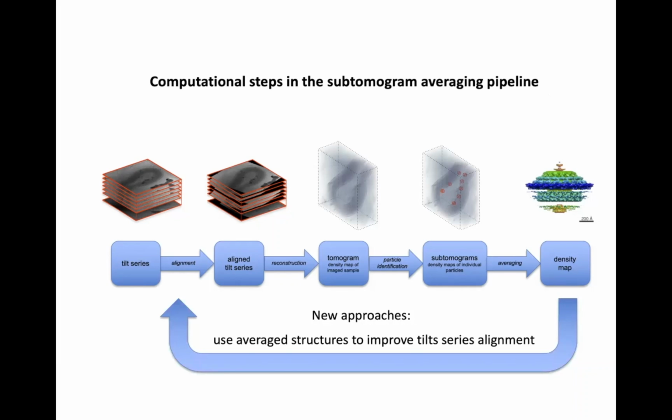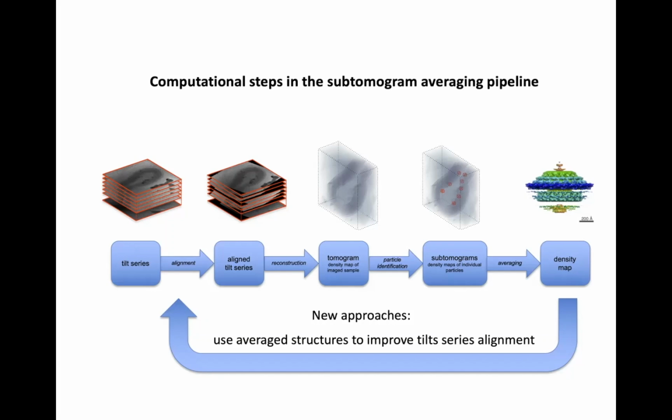pipeline for subtomogram averaging. In the last few years, new development is arising. We are living exciting times in subtomogram averaging, in which the average found in the classical pipeline is used again in order to feed the information that you had when you were aligning your tilt series, and cycle again and get better and better resolution.